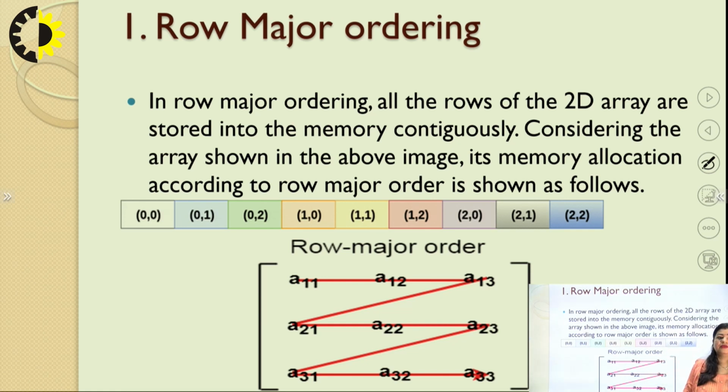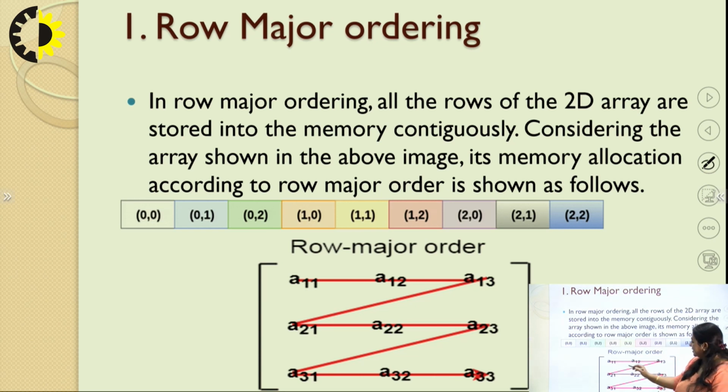In row major ordering, all rows of the 2D array are stored in memory contiguously. That means the index values of each row are inserted contiguously. In this figure is the memory allocation according to row major ordering.